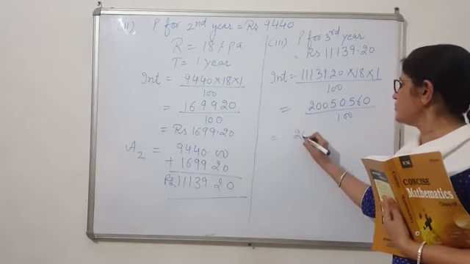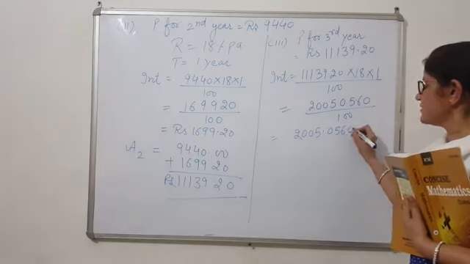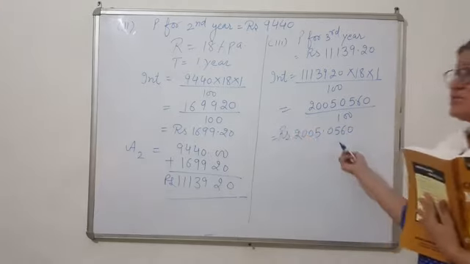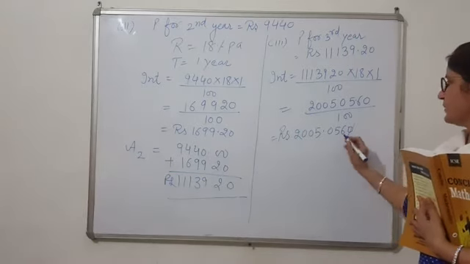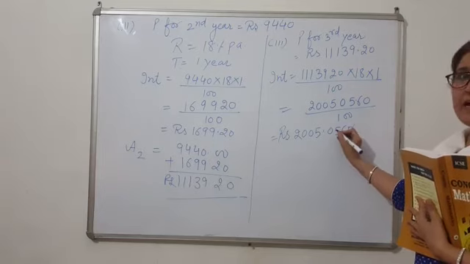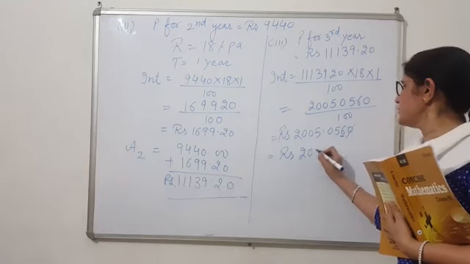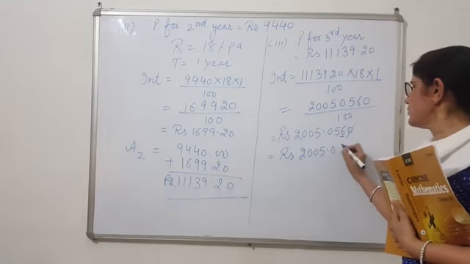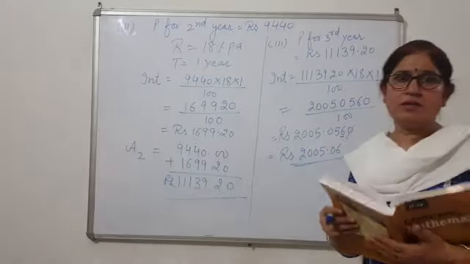So we'll get 2005.0560. But in rupees you know that we have only 2 decimal places. So we have to change. This number is more than 5. So 1 we will add in the previous one. So we get 2005.06. This is our interest. Like this you can calculate all the 3 parts.